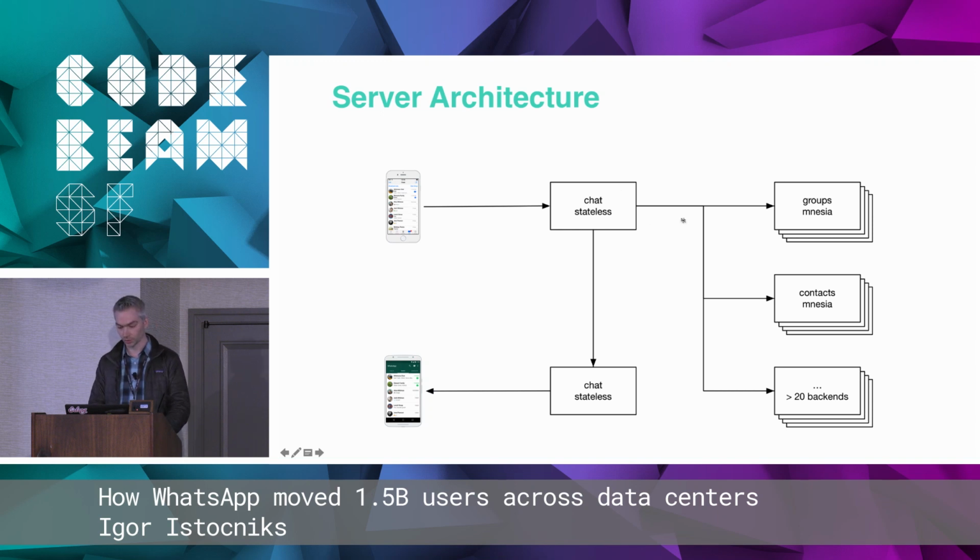These machines would fan out and figure out all the data that they need by calling our backend machines that store data. Mostly, they used to be storing the data in Amnesia. Then once the data is there, the message is routed to another chatd machine that is connected to another phone, and then the message is sent to the receiver.